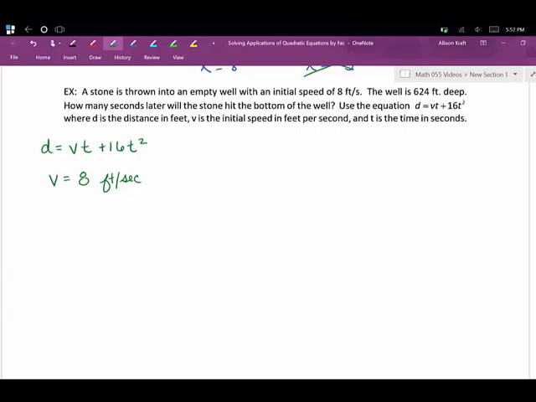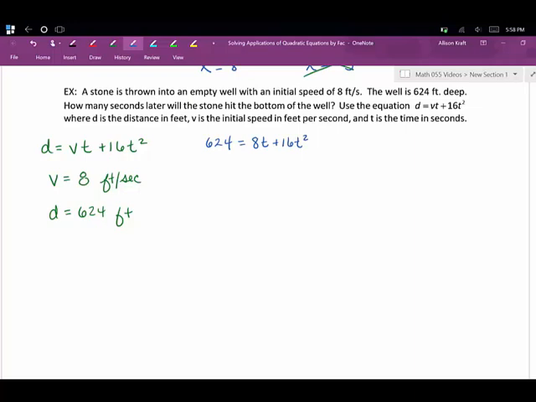That tells us the distance that our stone is going to be traveling. Plugging these numbers into the given formula, we get the equation 624 equals 8t plus 16t squared.